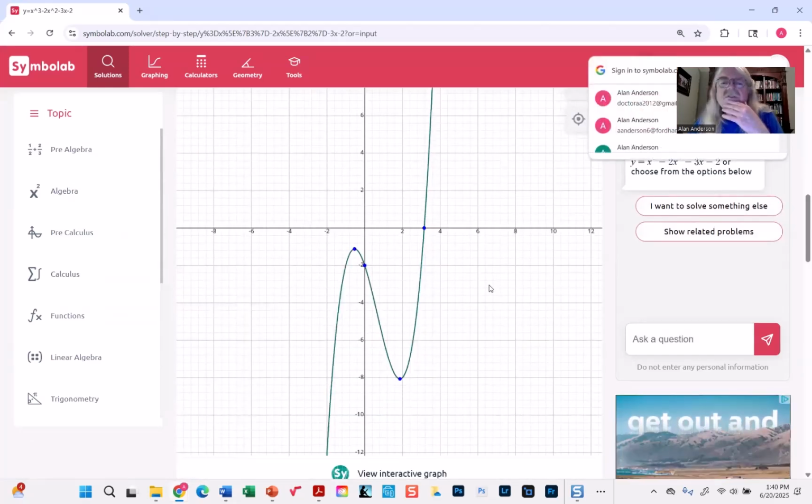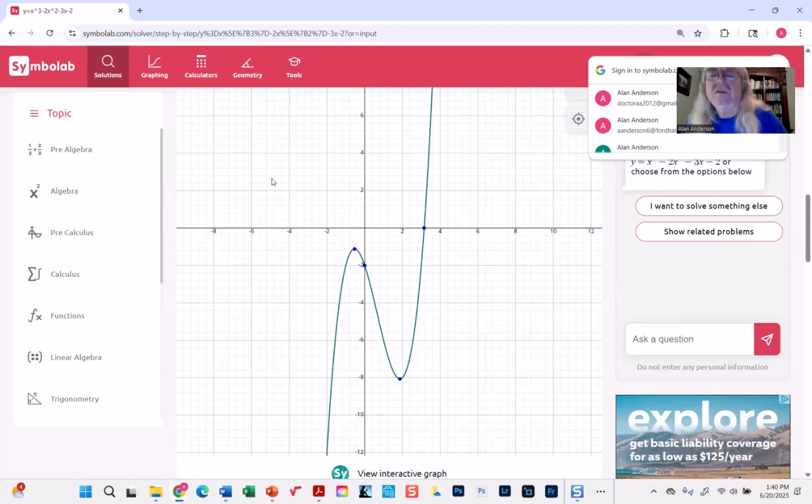Okay. So all right, I'm going to copy this part. As I said before, this is a cubic function. So it has this very interesting shape. It curves up and then down. It's like a roller coaster.